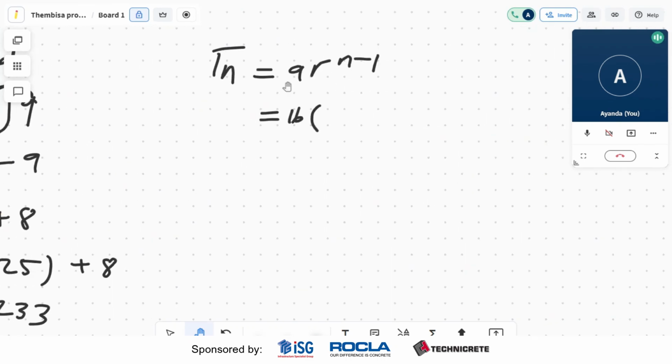So our ratio, r, is a half. So Tn is equal to 16 times a half to the power of n minus 1. And that's it. You found the value for the nth term.